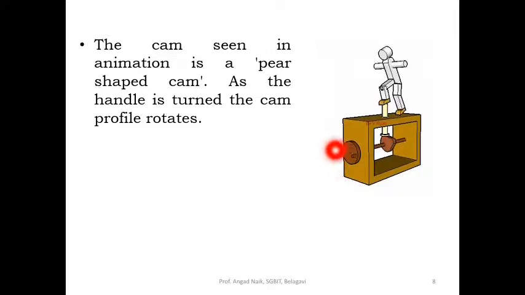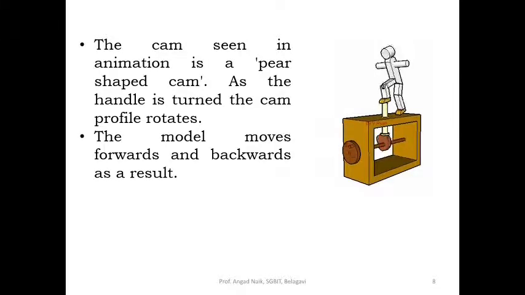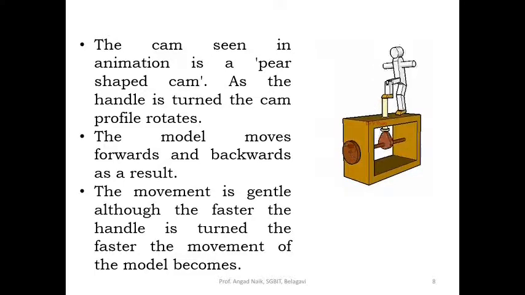If you rotate this handle, the cam also rotates because the handle and shaft along with the cam are all on the same axis. The model moves forward and backward as a result of the profile of the cam. The movement is gentle, although the faster the handle is rotated, the faster will be the motion of the model. So the more speed with which you rotate this, the faster will be the movement of the model.